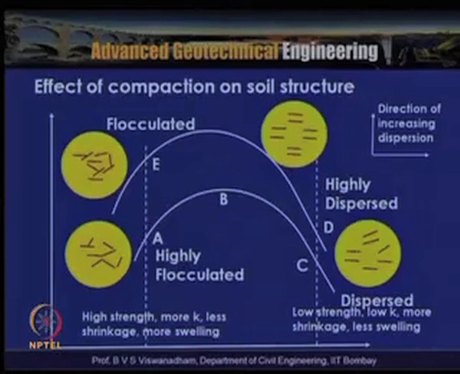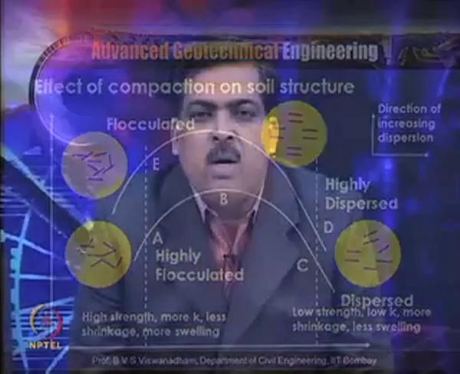So, whether to compact on the dry side of optimum or the wet side of optimum is decided depending upon the type of application. Suppose you want to compact the soil for a subgrade, then it is preferable to compact it on the dry side of optimum, so that high strength can be achieved.